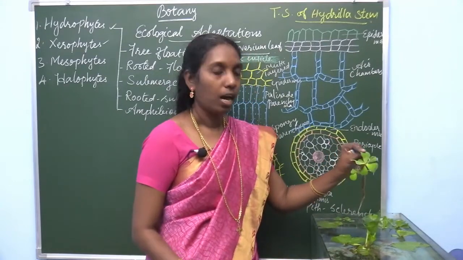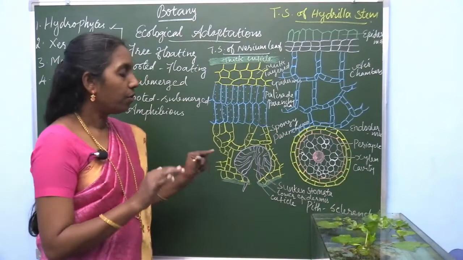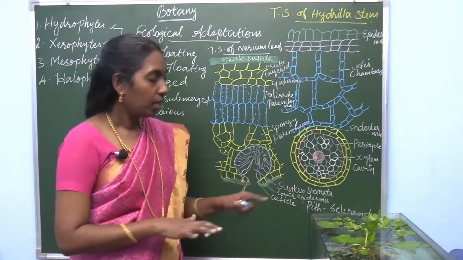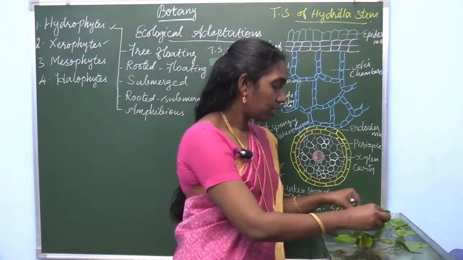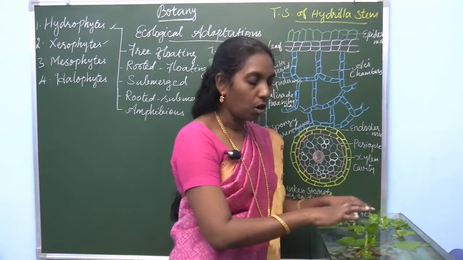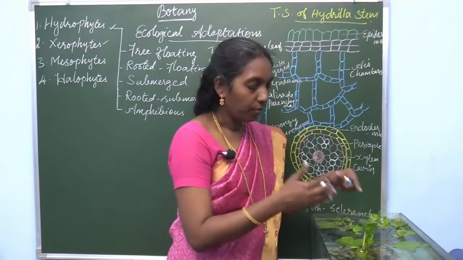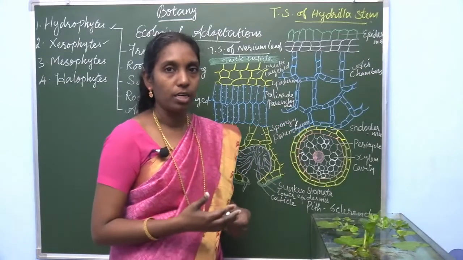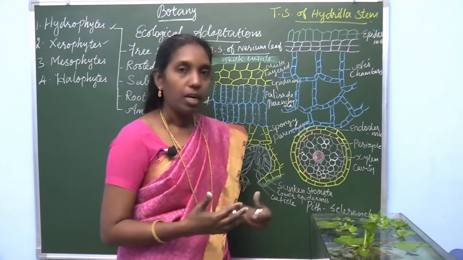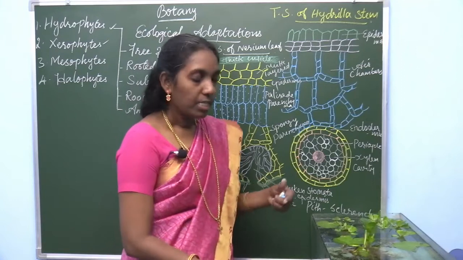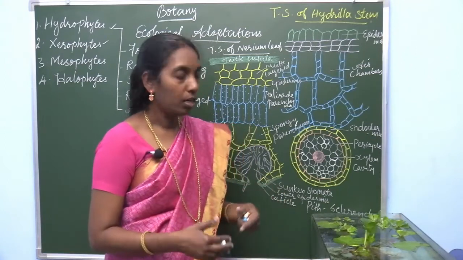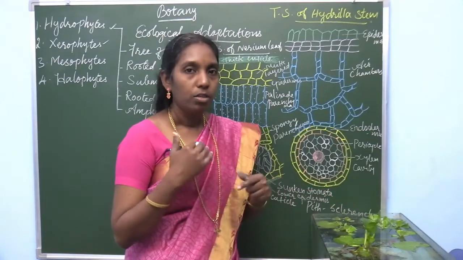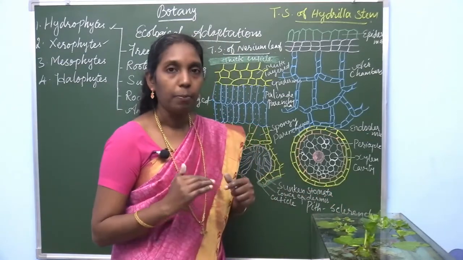These free floating hydrophytes completely float on the surface of water, without attachment to the soil. In the pond ecosystem or in the freshwater ecosystem, in the basal part there is soil or mud. But these free floating organisms do not have any attachment with the mud.